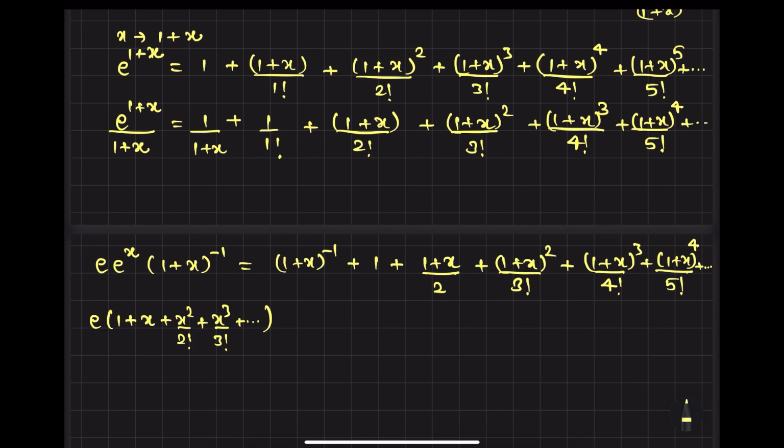So no need to write the terms after x square. Now, do you remember the expansion of 1 plus x power minus 1? It was 1 minus x plus x square minus x cube plus dot dot dot. You know that, no need to write after three things.